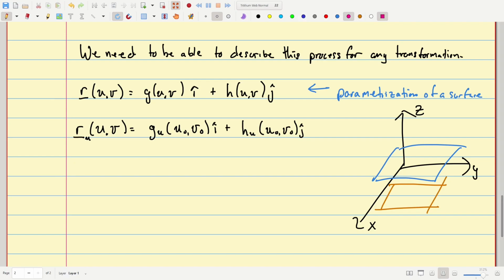And I also have a coordinate system on the surface itself in terms of u and v. R of uv is the vector that points from the origin to the point on the surface according to that parameterization.